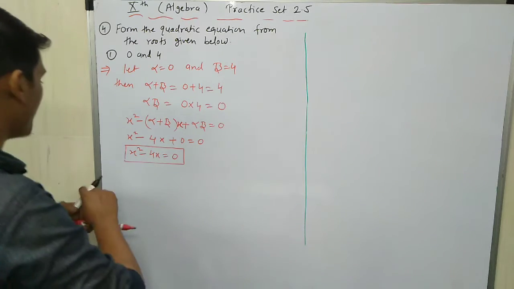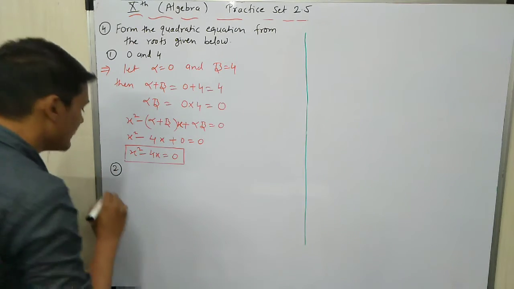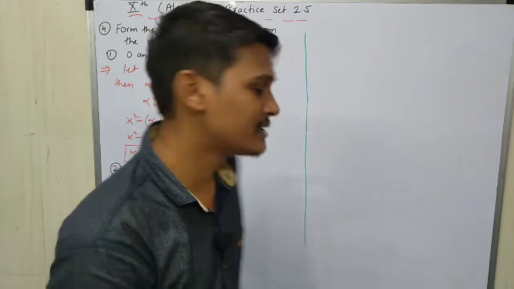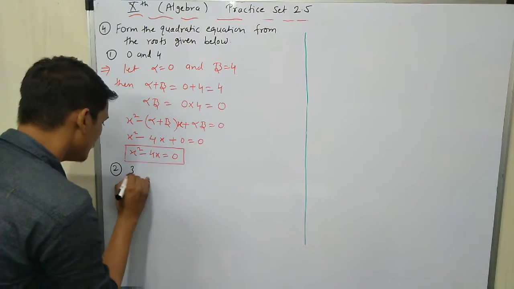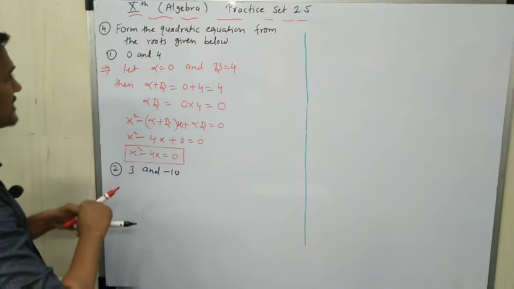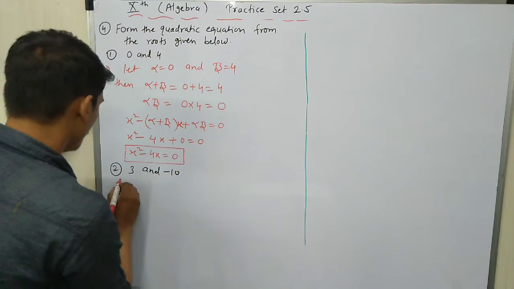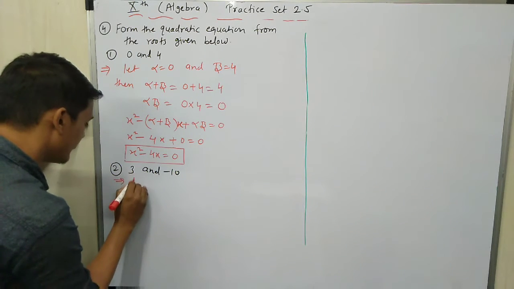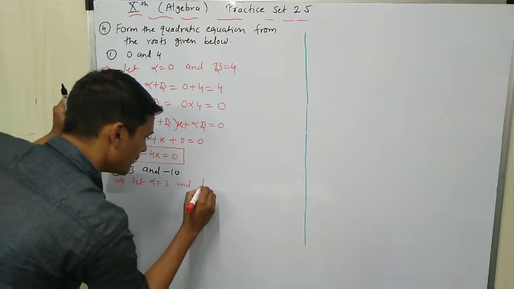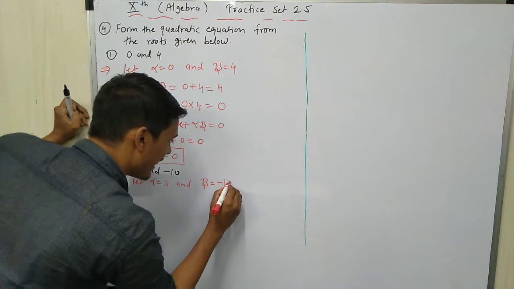Understood? Now the second question is 3 and minus 10. Same. You can write here, let alpha is equal to 3 and beta is equal to minus 10.